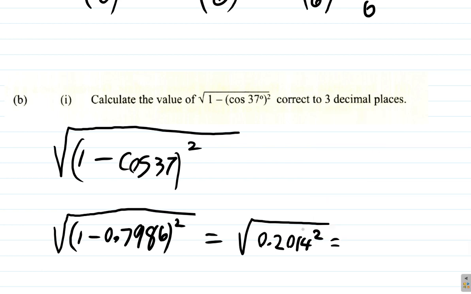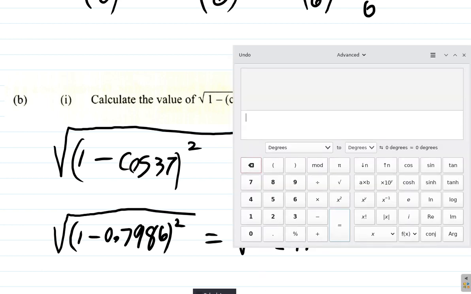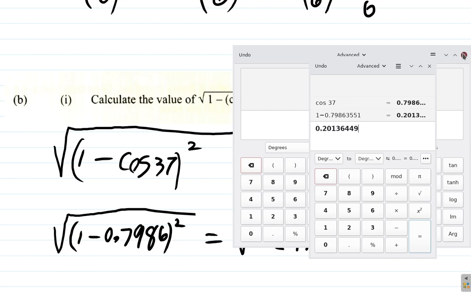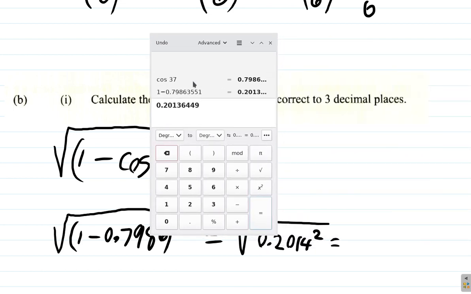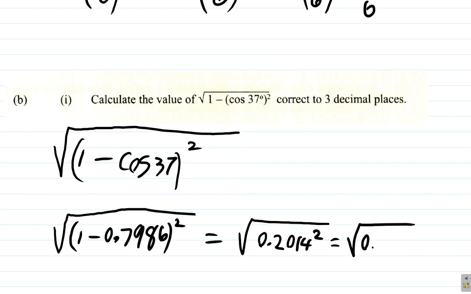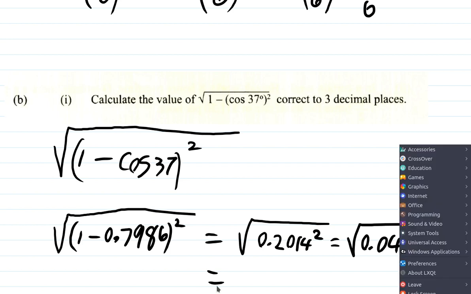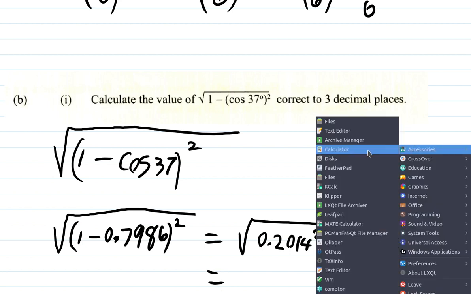Back to our calculator. We square this. And we get 0.0405. The square root of 0.0405. That is going to be the last part.